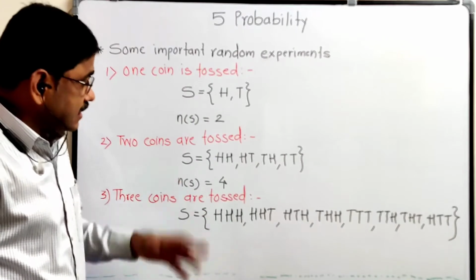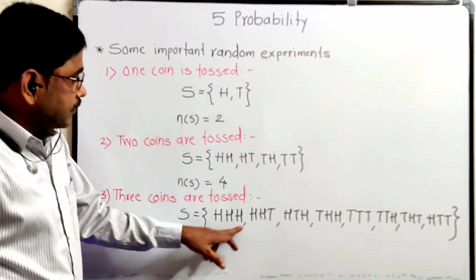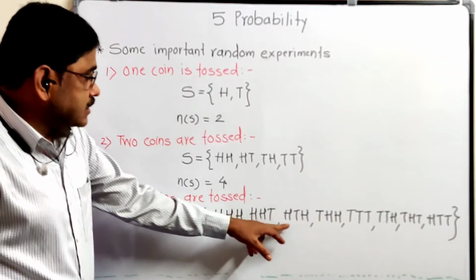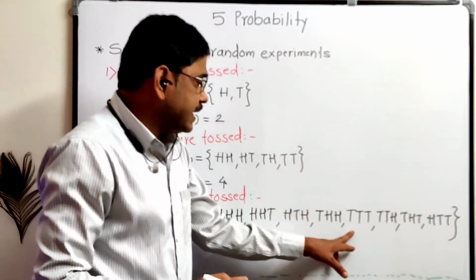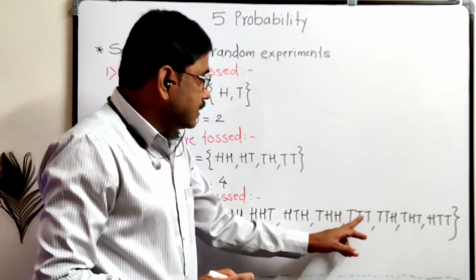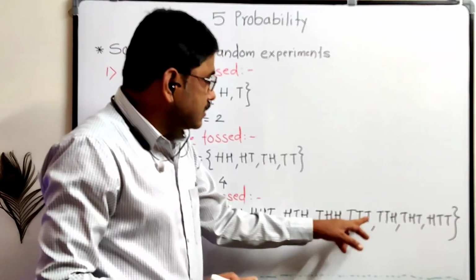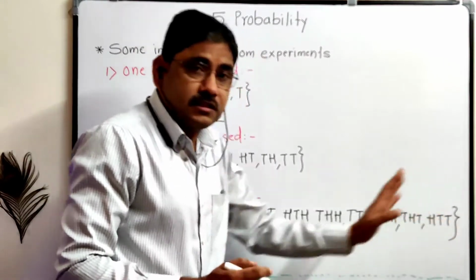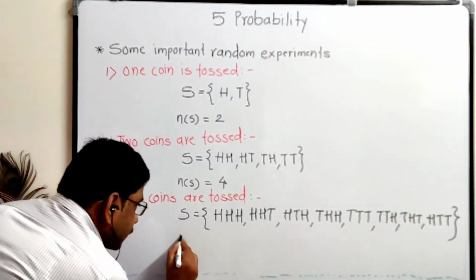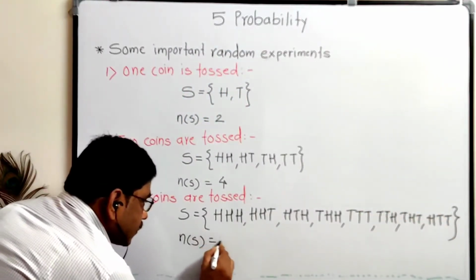Then these are the results: H T, T, then T H, T H. So NS is equal to 8.